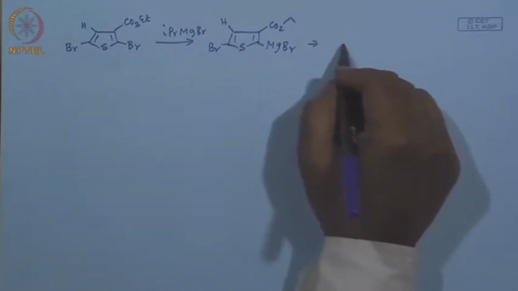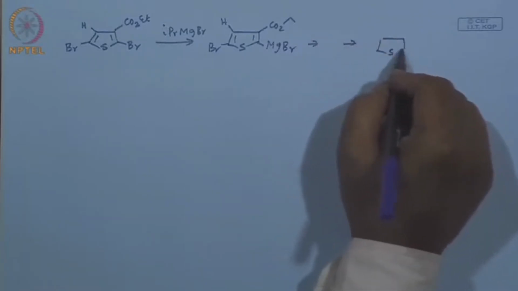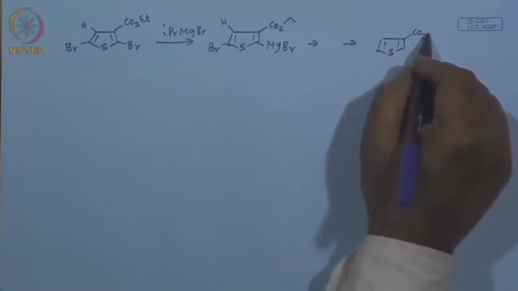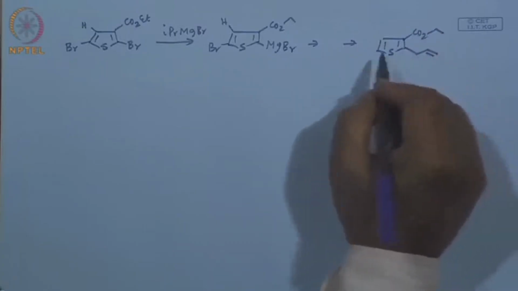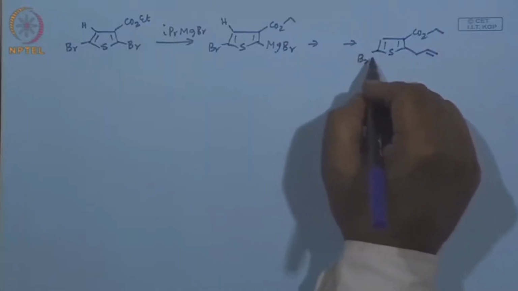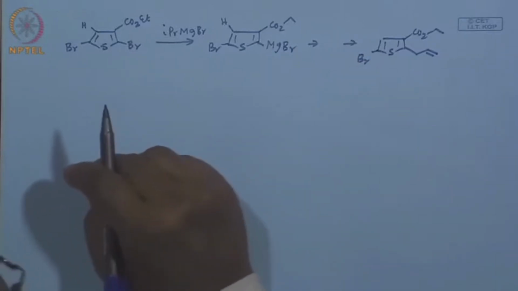Now, let us say you want to elaborate this one to the corresponding allyl substituted compound. So, what would be your choice? If we did not know anything, we would have just quenched with allyl bromide, but that gives a lot of complications. I told you once before, the organomagnesiums are good, but in certain cases they are very complicated.